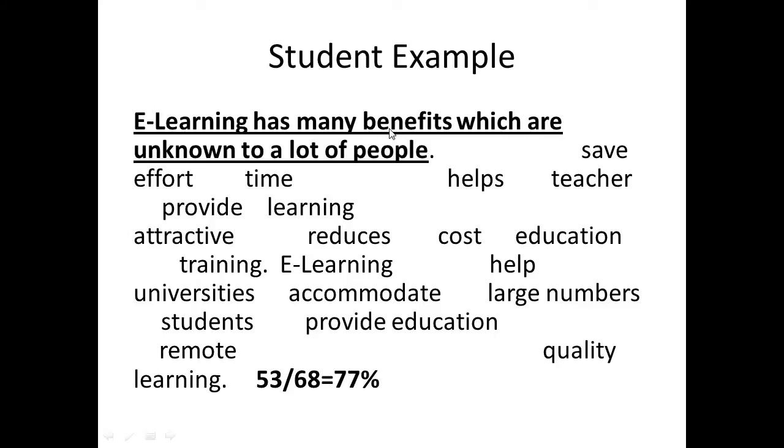And there are lots of words that specifically relate to benefits, like save effort, save time, helps, attractive, reduces cost, help, universities accommodate, large numbers, remote learning, quality learning. So all these have to do with benefits. And ultimately, it helps the paragraph communicate what it needs to communicate.